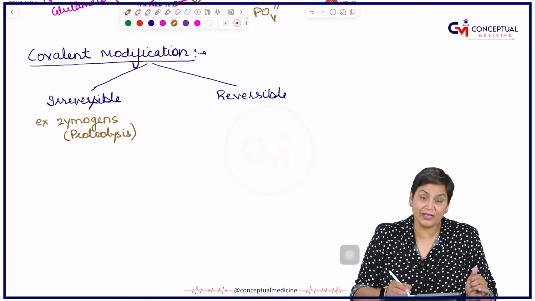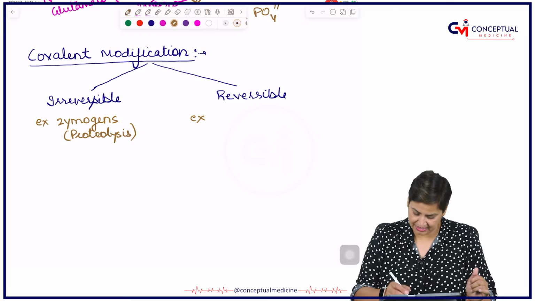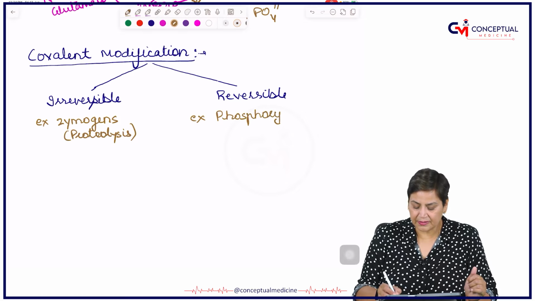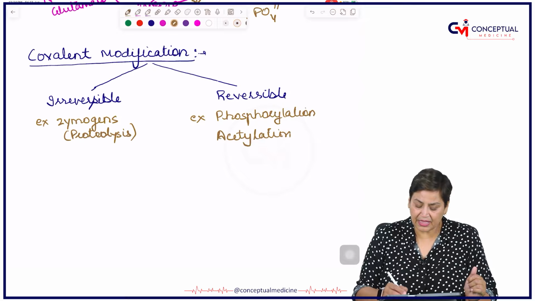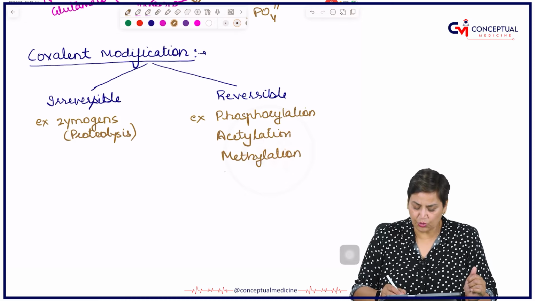But if we talk about reversible, there are so many examples. The most important example is phosphorylation, acetylation, methylation, and ubiquitination or ubiquitin addition.